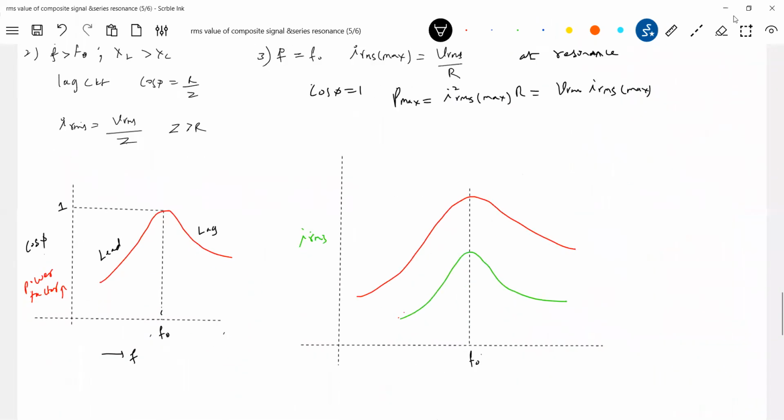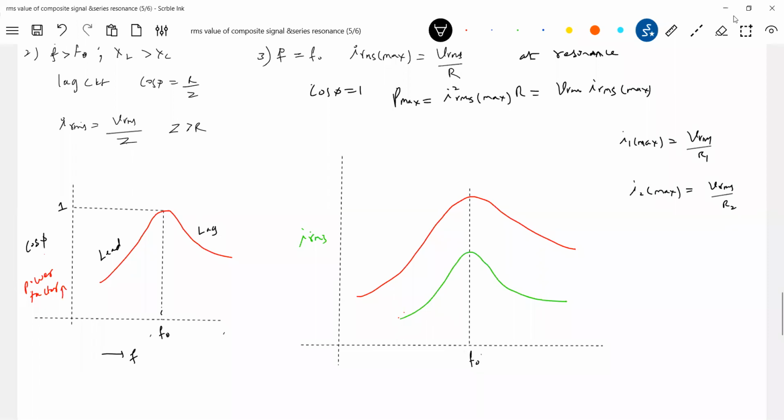So let's come to that impedance. I'll take help of this one. Now we know the current is maximum, then the impedance will be minimum. So then what is the formula? I1 max equals V_RMS by R1. I2 max equals V_RMS by R2.